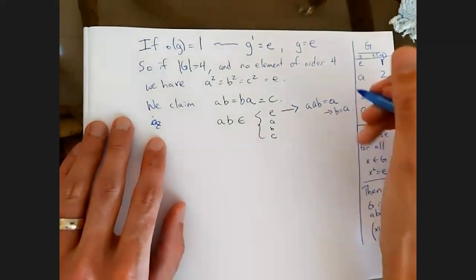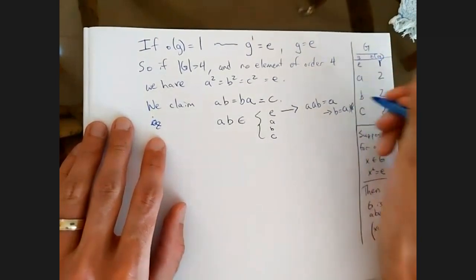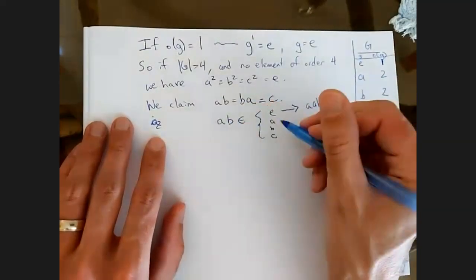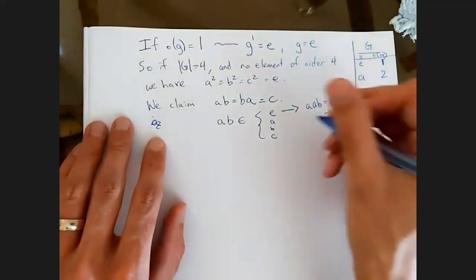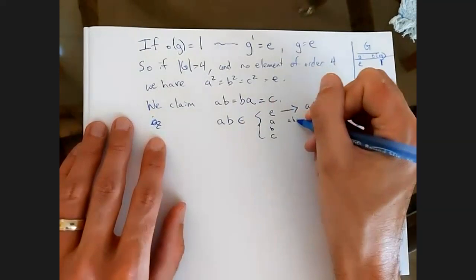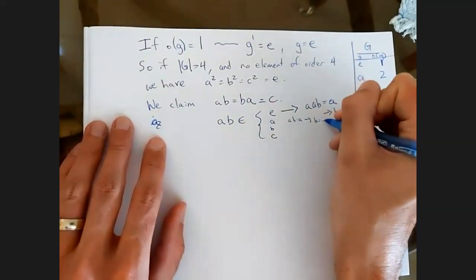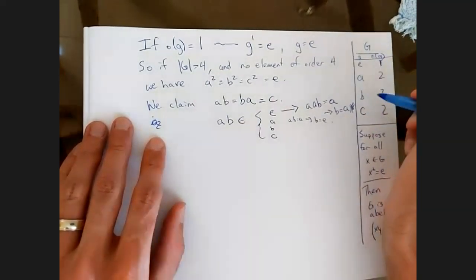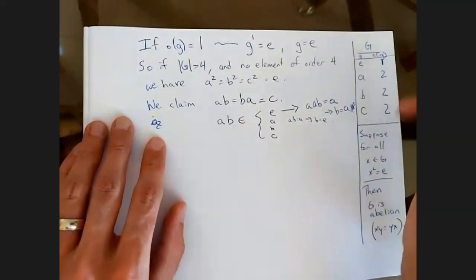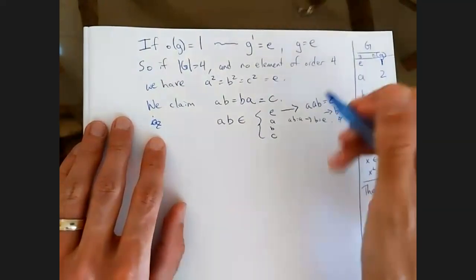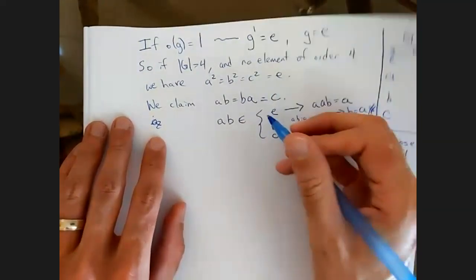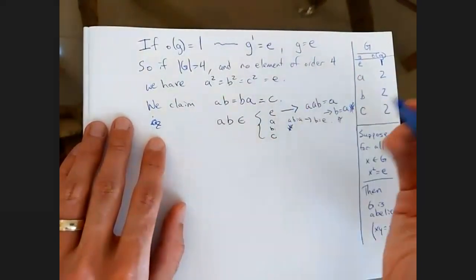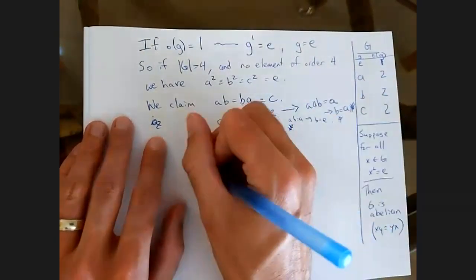So this is not possible. Again, if ab equals a, we can cancel the a to get b equals the identity. That means e, the identity, and b would be the same. Again, we would have 3 or fewer elements, that would be a contradiction. The same thing if ab equals b. If ab equals b, then a is the identity. That's impossible. So the only possibility is that ab equals c.